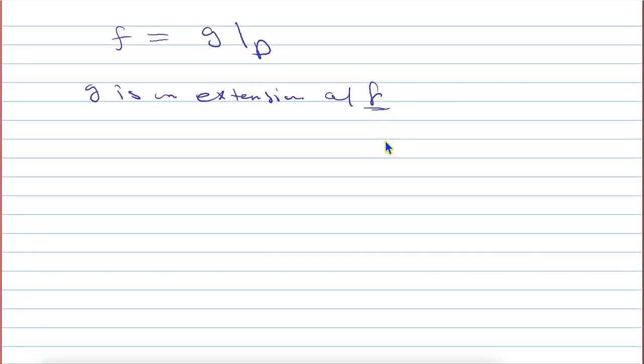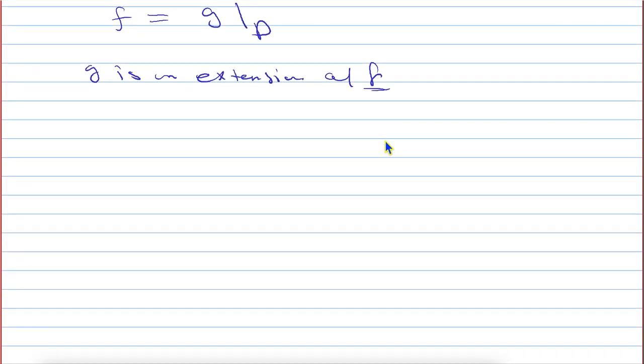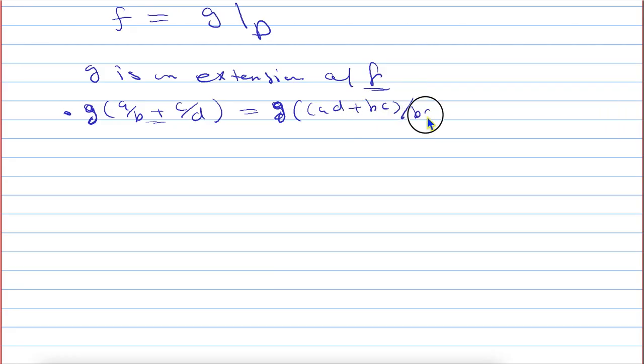Okay? So now we only need to prove that G is an isomorphism and it is unique. So let's first show that G is a homomorphism. So first we show the addition: G of A over B plus C over D. This equals, by the addition formula, G of AD plus BC, all over, of course, BD.